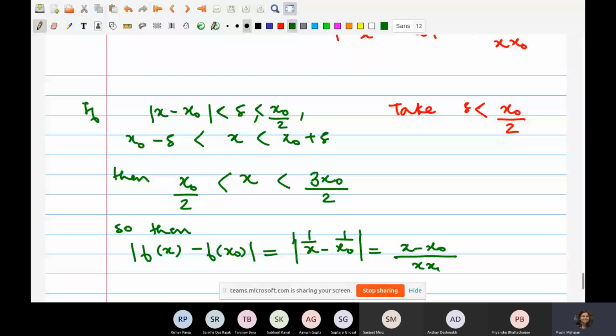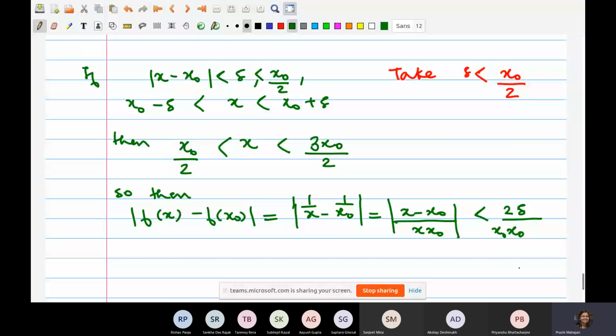The denominator has x naught, and 1 by x I will now bound by 2 by x naught. Is this okay with everybody? Is everybody with me up till this point?